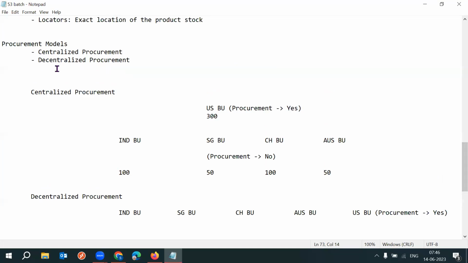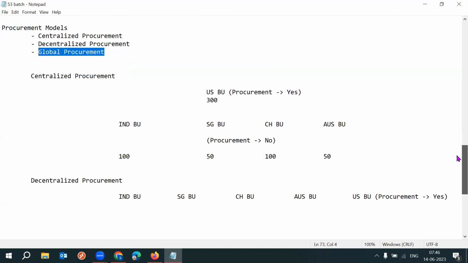Next, coming to global procurement. What is meant by global? It's up to the client requirement and how they want to operate their business. The client can go for centralized procurement or decentralized procurement. But 98% of the clients are using decentralized.